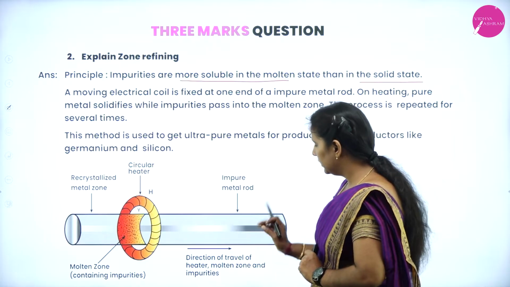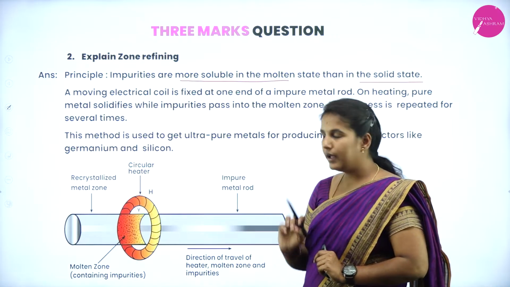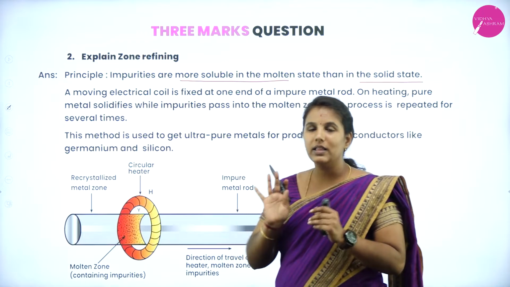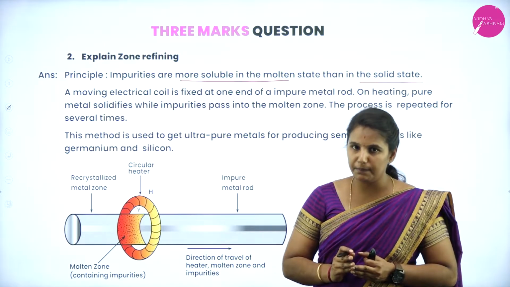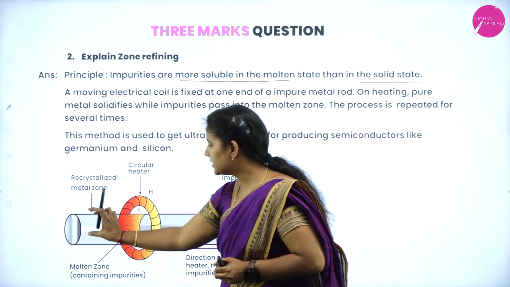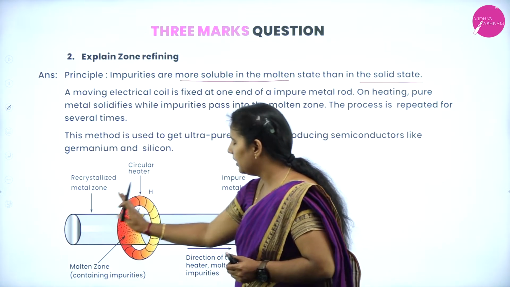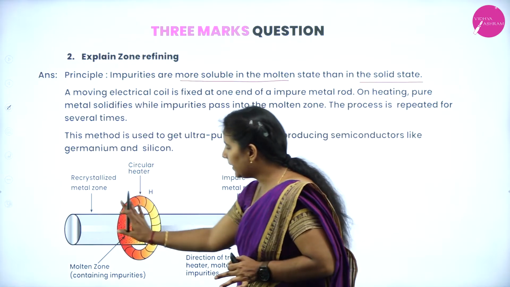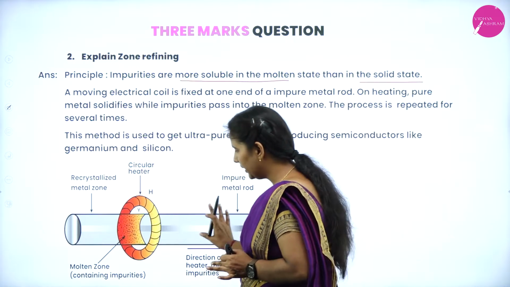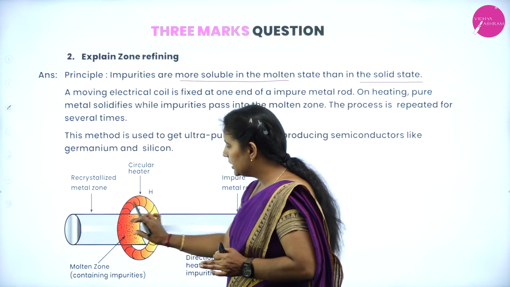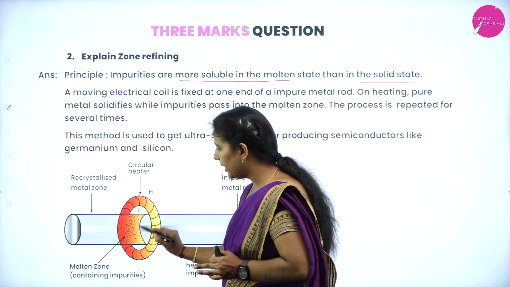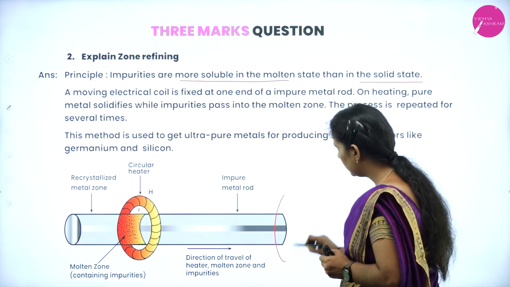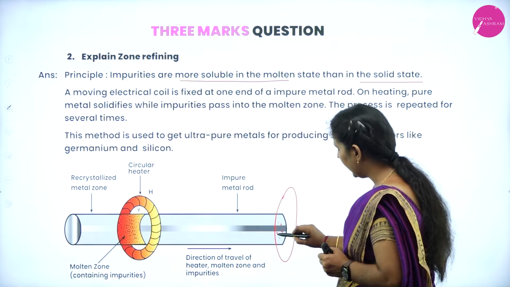So, what they'll do is take a metal rod and also take circular heaters. We know that the metal can consist of many impurities. So, from the starting point to the end, they will allow the circular heater to pass through it. Any impurities in this metal rod will stay in the molten state, and at the end of the rod the impurities will get collected.